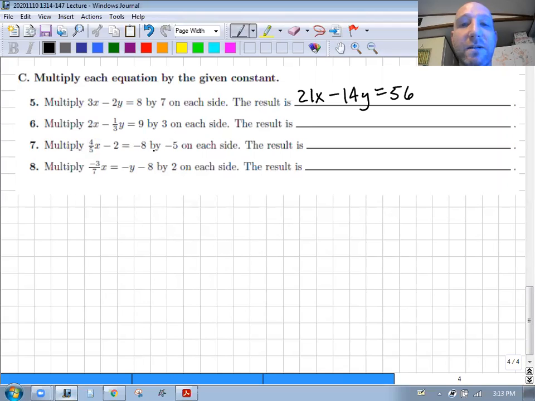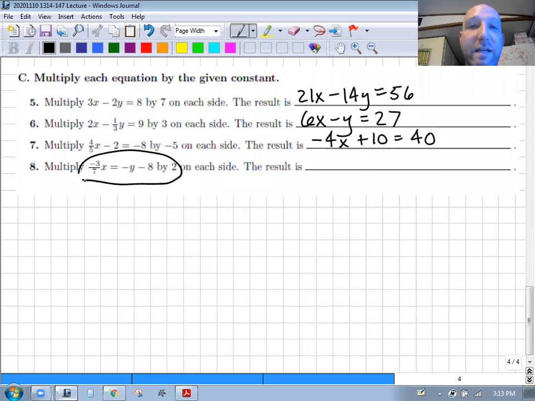And number 6 here, multiplying everything through by 3. 2x times 3 is 6x. -1/3 times 3 is -1. And 9 times 3 is 27. Number 7, multiplying through by -5. 4/5 times -5 is -4. -2 times -5 is 10. And -8 times -5 is +40.